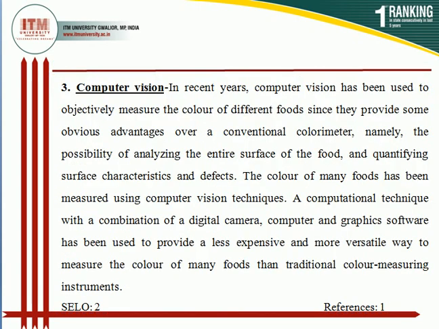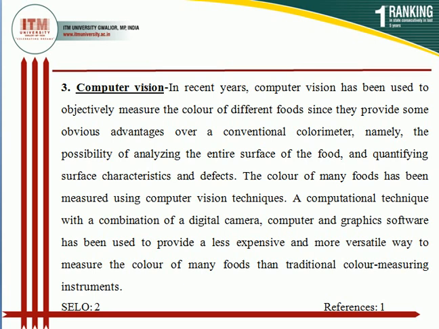Here is computer vision. In recent years, computer vision has been used to objectively measure the color of different foods, since it provides some obvious advantages over a conventional colorimeter, namely the possibility of analyzing the entire surface of the food and quantifying surface characteristics and defects.